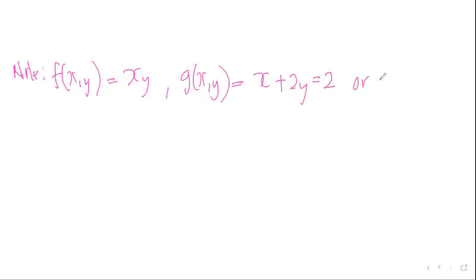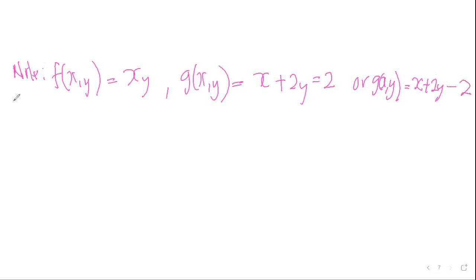Or we can say our g(x,y) is equal to x plus 2y minus 2, if you take everything to one side.